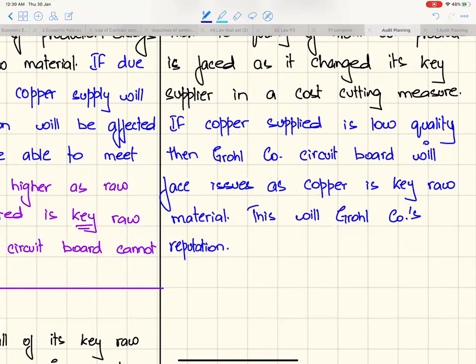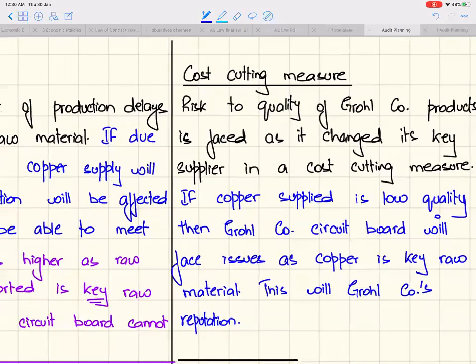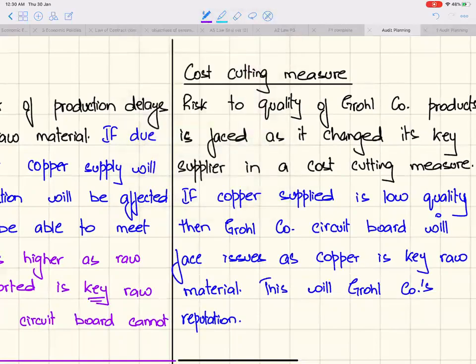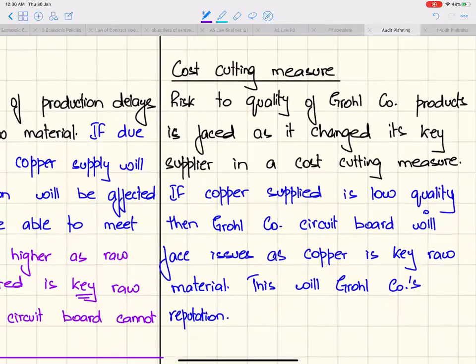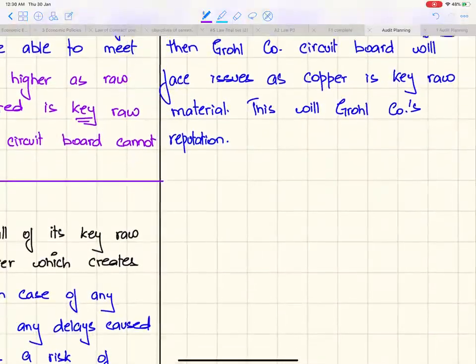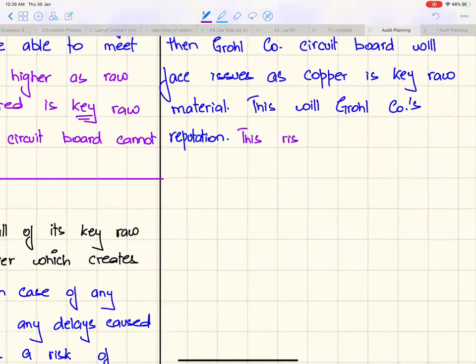Now you have to give the evaluative comment. In the evaluative comment, you can refer to the incident which happened.